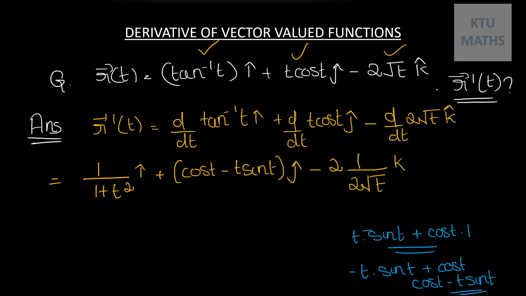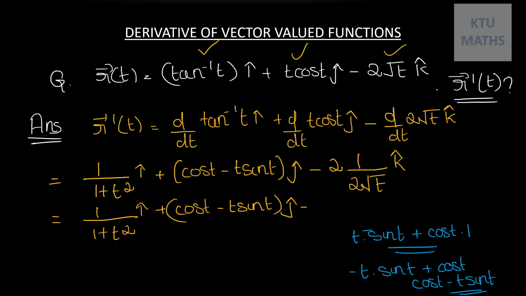We can cancel those 2's and write the final answer here. 1 by 1 plus t square i plus cos t minus t sin t j cap minus 1 by root t k cap, and this will be the final answer of this question. I hope you understood it, and as you can see here, you need to have some basics of derivative of function so that you can adapt in vector valued functions also.